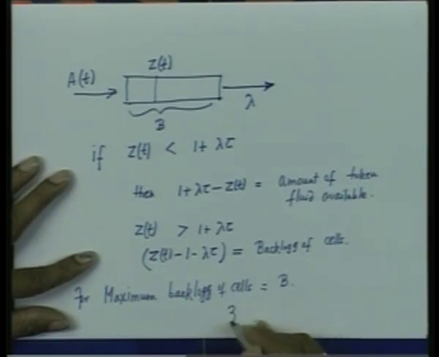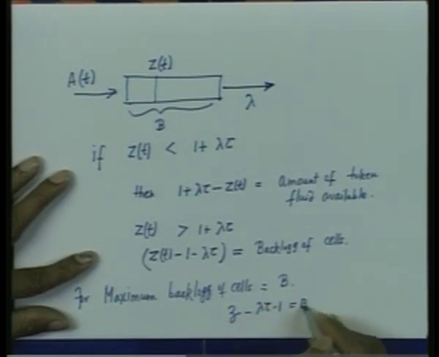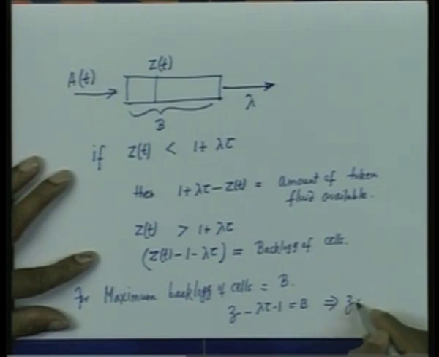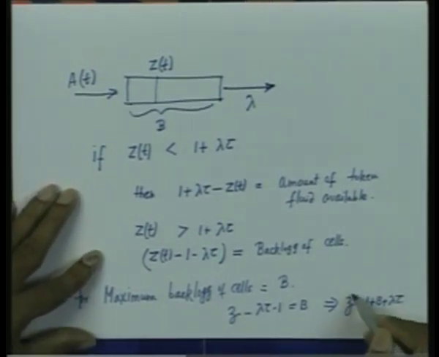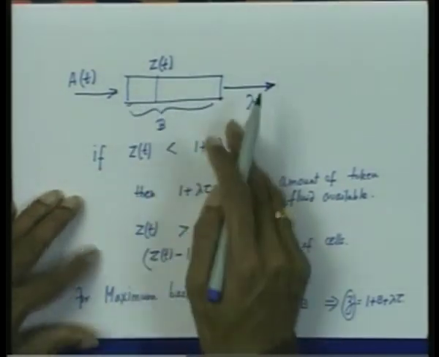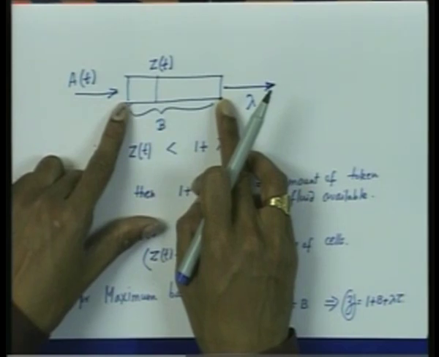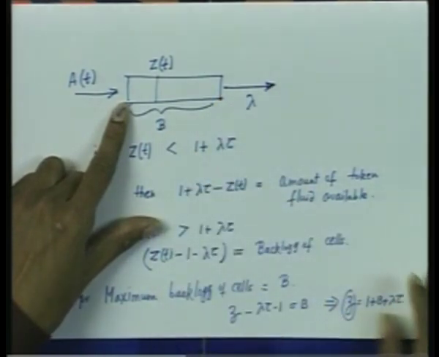Then we say that z minus lambda tau minus 1 should be equal to b, which means that z would be equal to 1 plus b plus lambda tau. This is the value of z which gives us the maximum backlog, because the maximum backlog which can be there in this buffer will be equal to b.